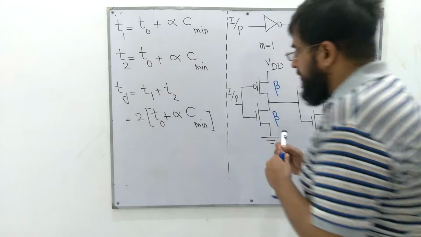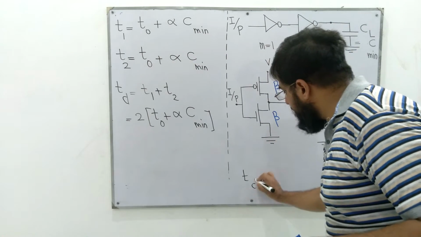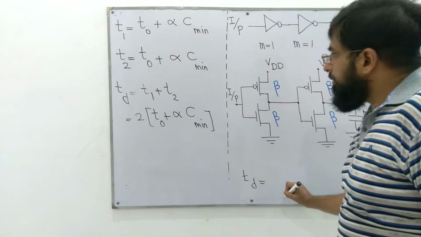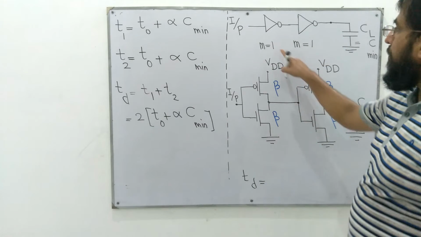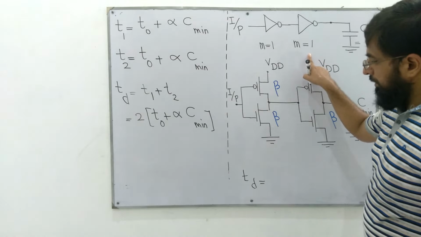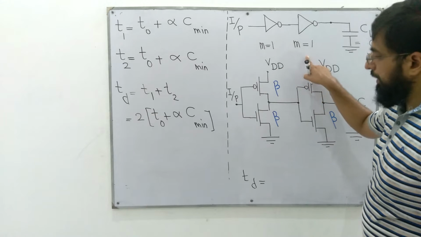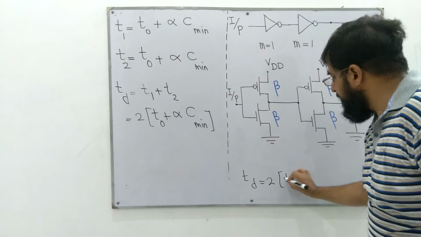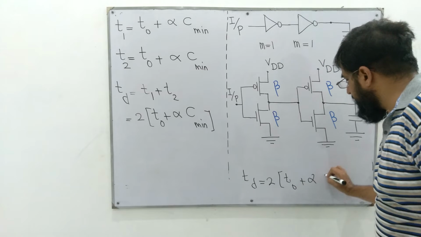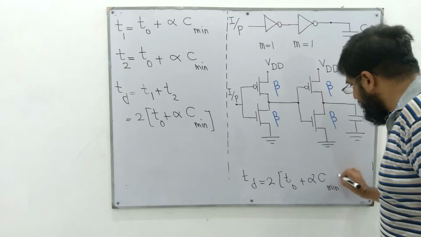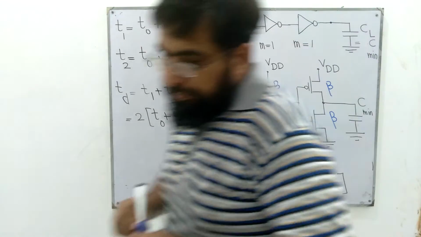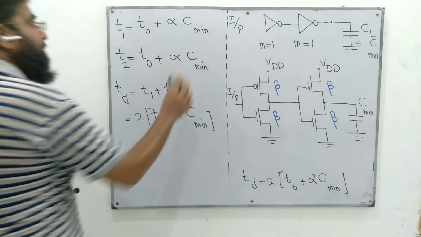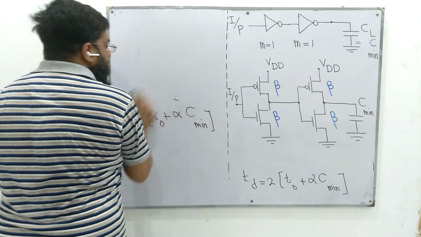Right? We'll keep this expression with us, and then we'll make a slight change in this chain. So T D, when all gates are of standard scaling factor M equal to 1, is 2 times T naught plus alpha C minimum. Let's make a slight change in the chain now.